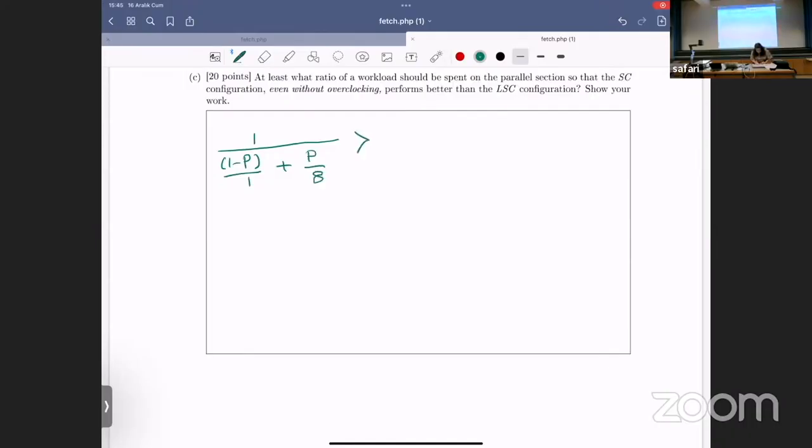We want it to be bigger than 1 minus P plus P divided by 4, because that was what the larger core was doing. Then we do a little bit of calculations: 1 minus P plus P over 8, here, 1 minus P.